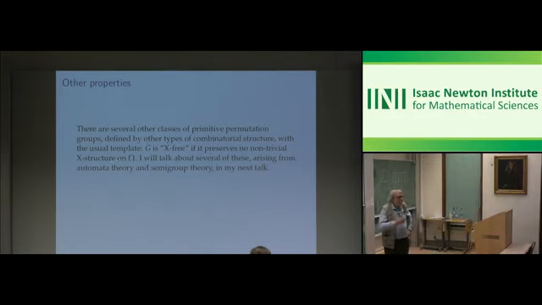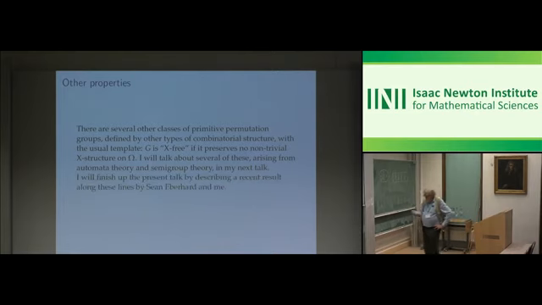So transitive is subset-free, primitive is essentially partition-free, basic is Cartesian structure-free, and I'm going to talk about several more of these tomorrow, but for now I want to describe a recent result that Sean Eberhard and I proved last year.